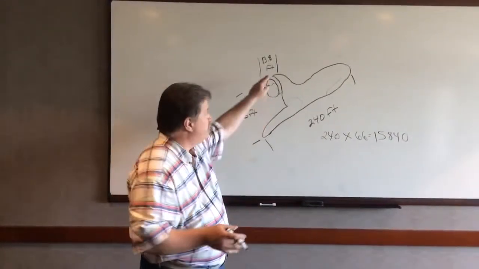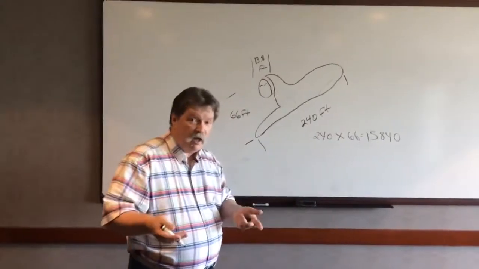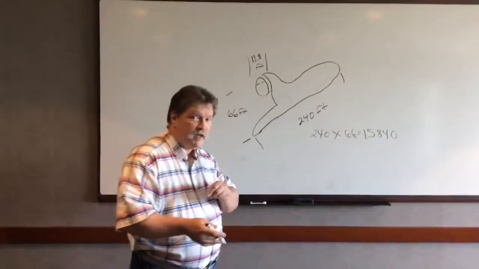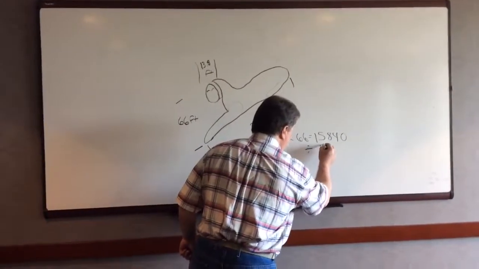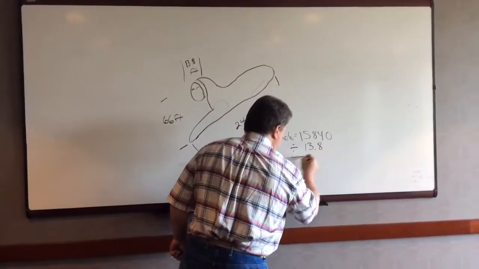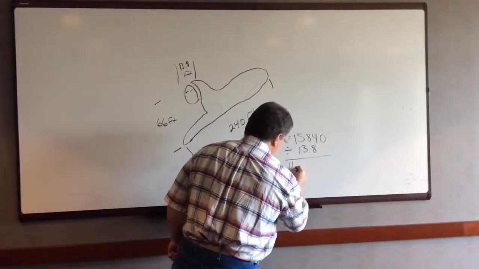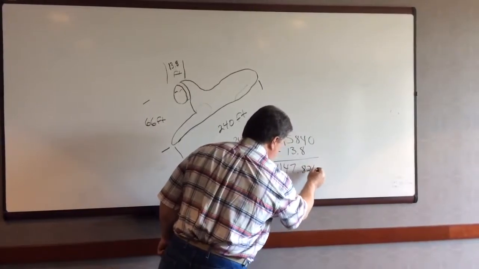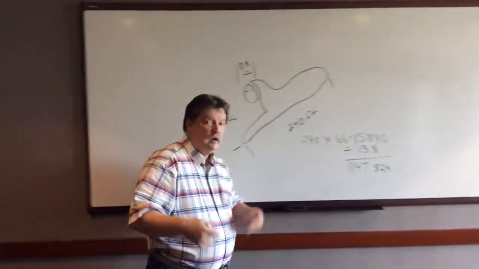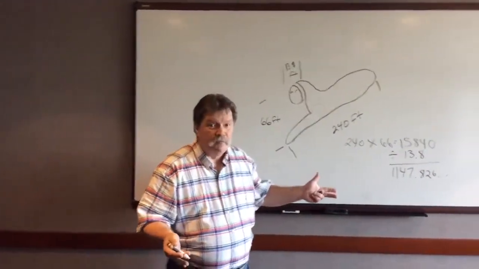So I said, well, let's use the third figure here. I tried multiplying it, wasn't happy. Then I decided to divide it. So I divided this number by 13.8. And that gave me 1147.826, blah, blah, blah. Again, not pi.